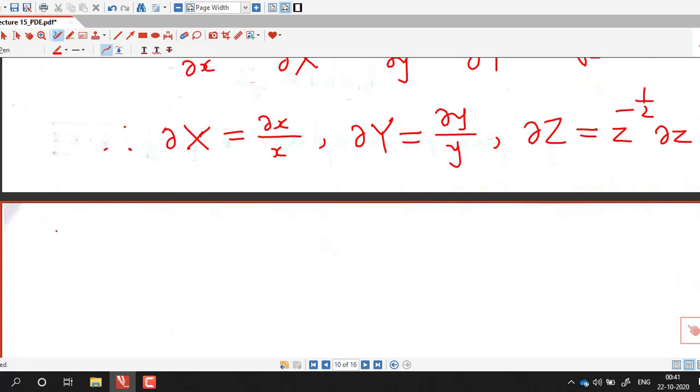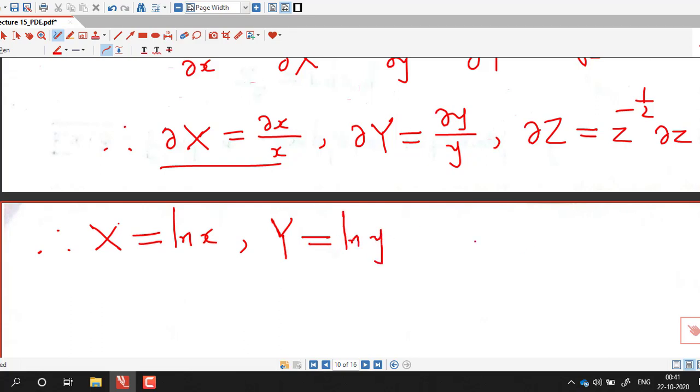So from this if I integrate both sides, this is going to be capital X equal to log x. Same thing for these two, capital Y is log y, capital Z is z to the power minus 1 by 2 plus 1, which is z to the power 1 by 2 divided by 1 by 2, that is 2, or we can rewrite this as 2 times square root of z.